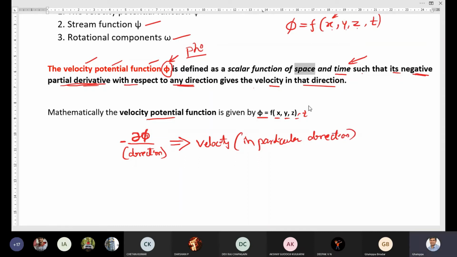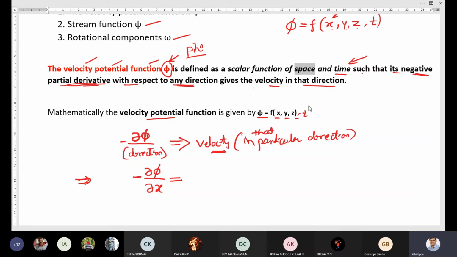Now, dear students, can you apply the mathematical equation? The negative derivative of the velocity potential function with respect to any direction, for example the x direction, is equal to the velocity in that particular direction.